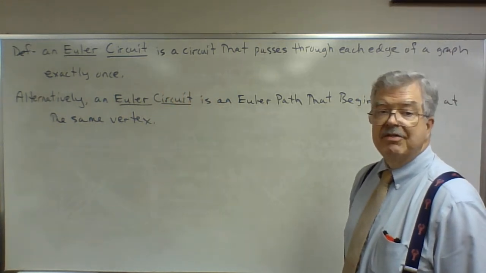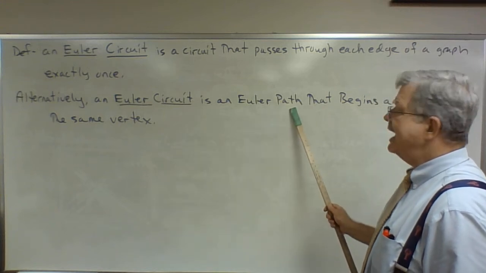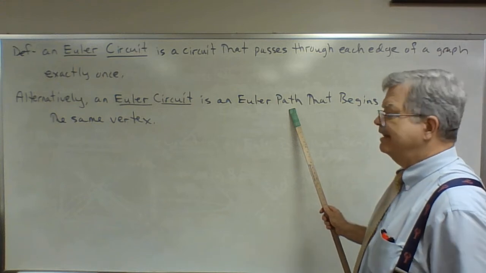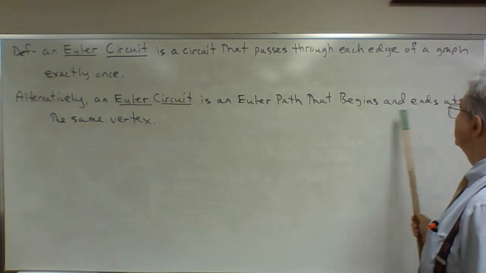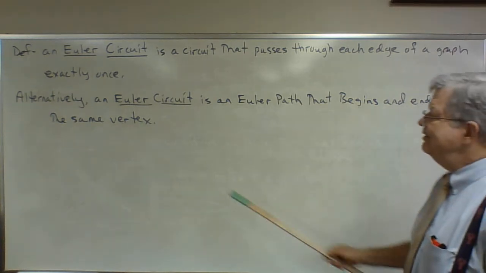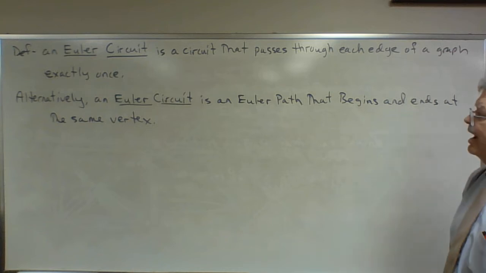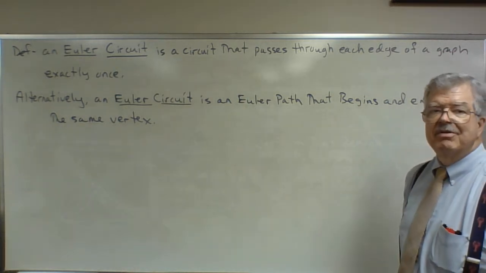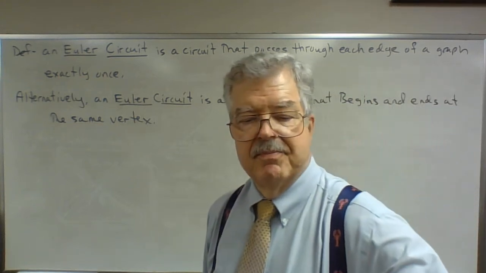Or we can look at it this way: an Euler circuit is an Euler path, where each edge is traveled across exactly once, that begins and ends at the same vertex. You choose which definition you like. They're both equivalent.